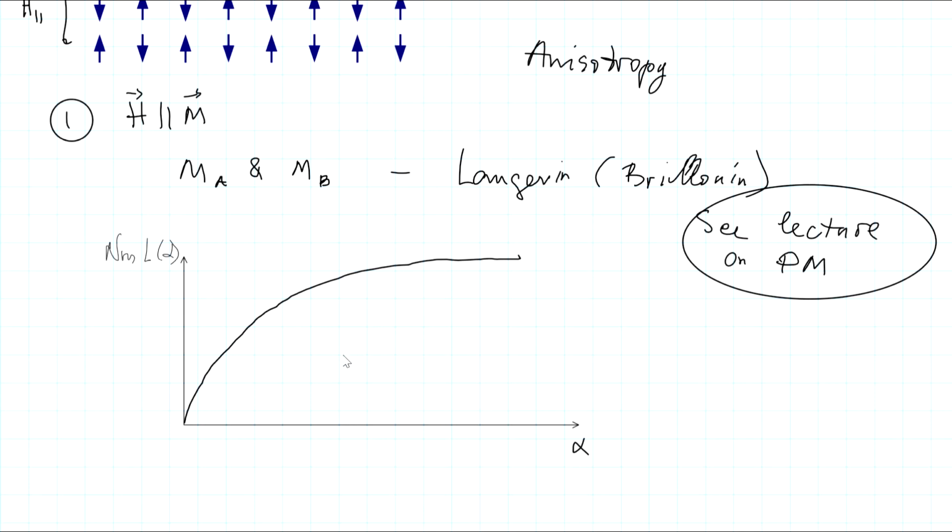And alpha, to remind you, is mH over Boltzmann kBT. And this is basically our magnetization. So as we apply magnetic field, our material gets magnetized following this Langevin function. L of alpha is the Langevin function.